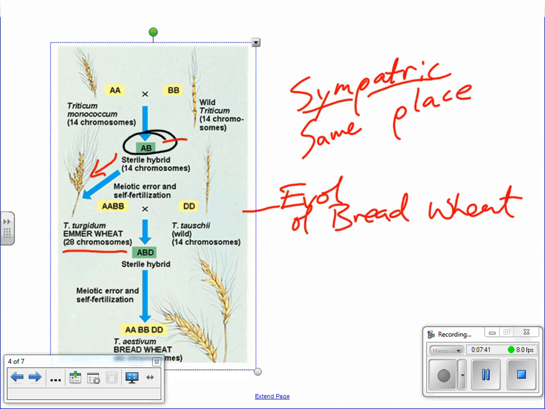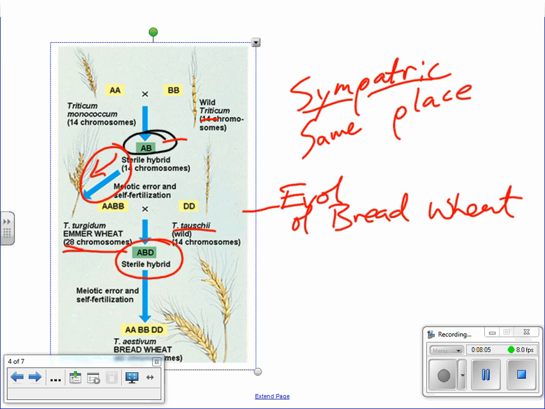So that sympatric autopolyploidy speciation happened in this example right here, because what we're doing is doubling the amount of chromosomes, going from 14 to 28. What happened in the next mitotic error is that emmer wheat fertilized with another type of wheat, creating another sterile hybrid.